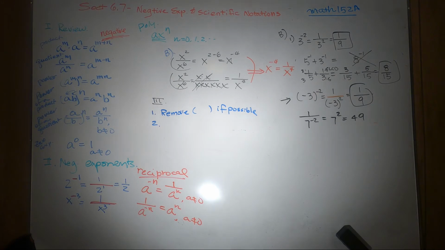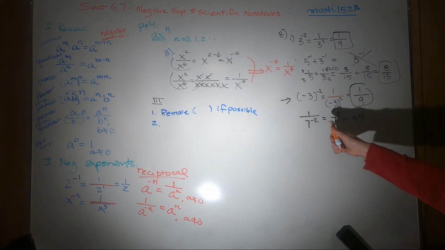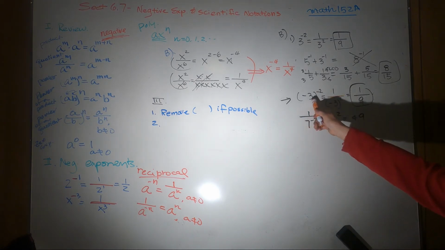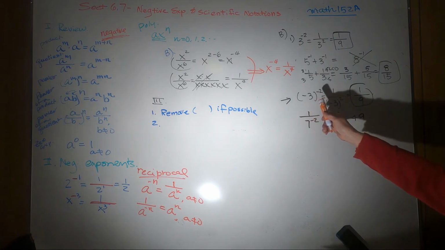So when we simplify, we want to write everything in positive exponents, right? So what do we do? If it's positive, you keep it where it is, right?